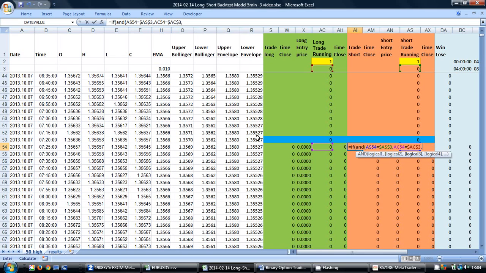And I'm going to go through this. I'm going to take first of all our closing price, and it's going to be the opposite, so I'm going to make sure it's greater than the upper envelope.